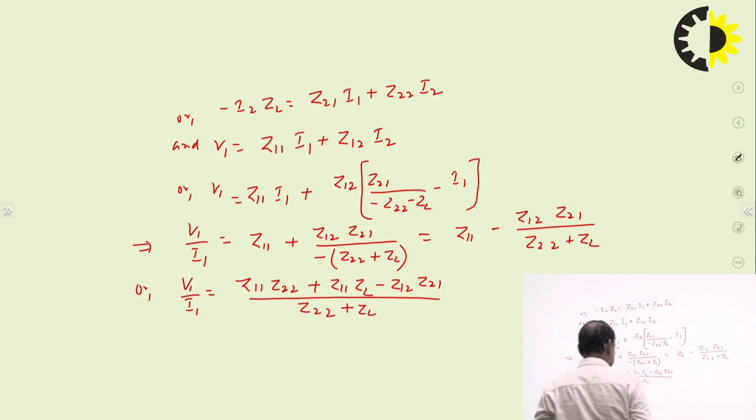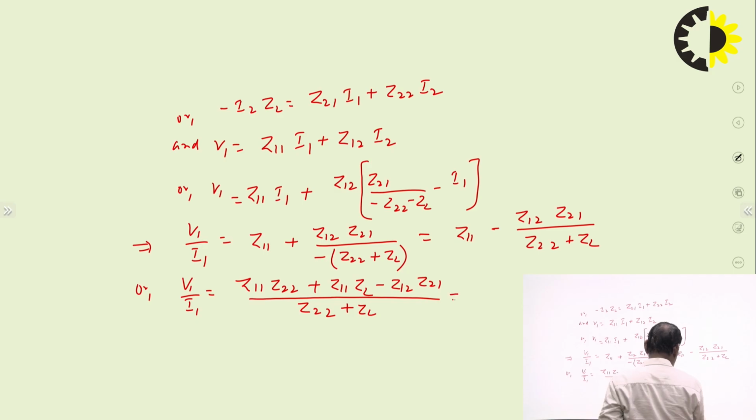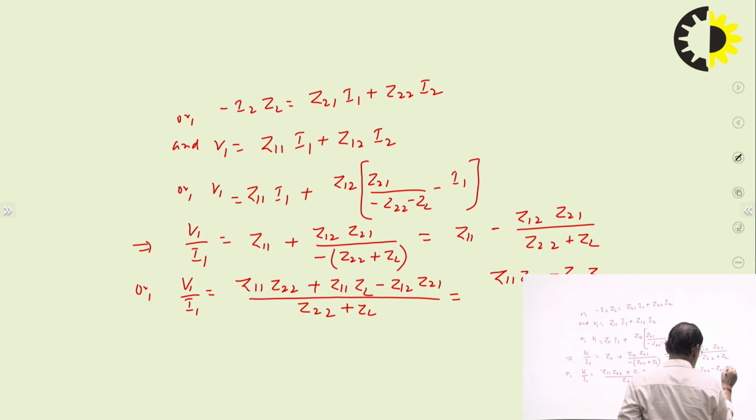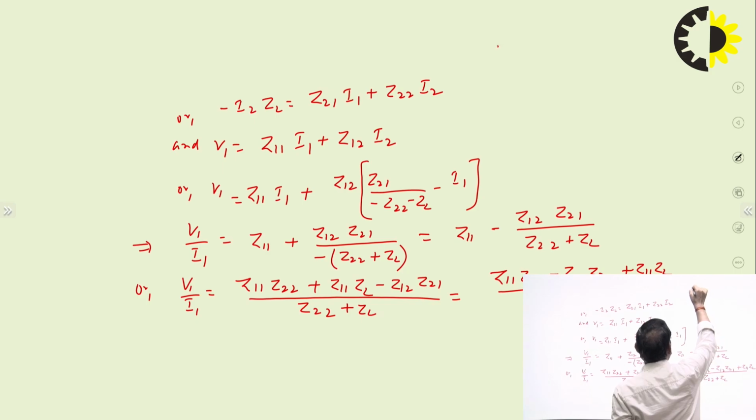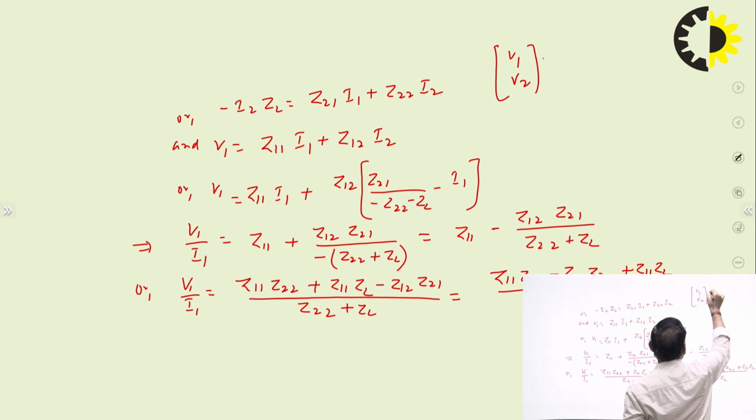So what is this? We can write Z11 Z22 minus Z12 Z21 plus Z11 ZL, divided by Z22 plus ZL.